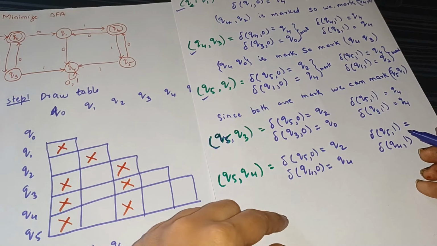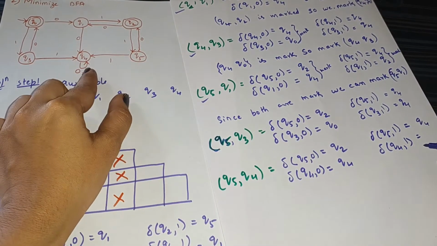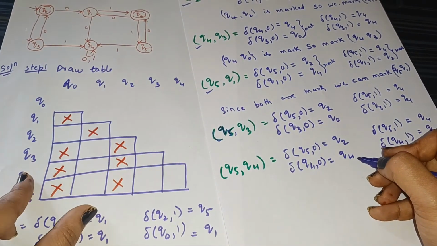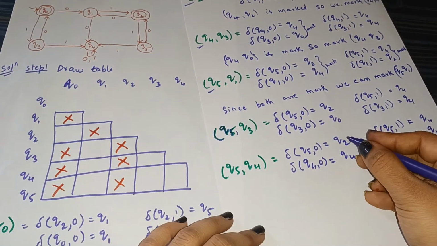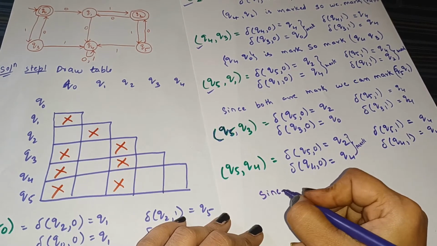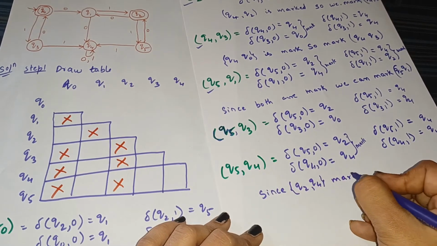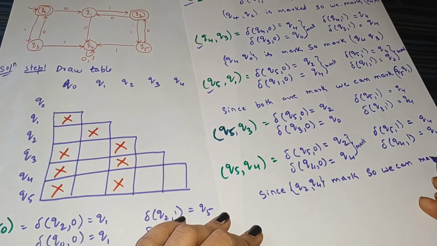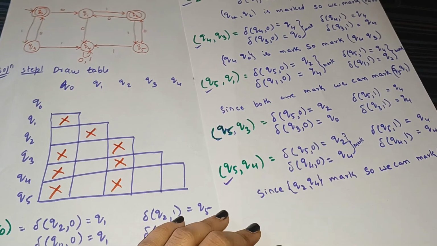Q5 on 1 it is going to Q4 and Q4 on 1 it is going to Q4. So this is not existing. Q2, Q4 we can check, that is nothing but Q4, Q2. This is marked. Since Q2, Q4 is marked, we can mark Q5, Q4.